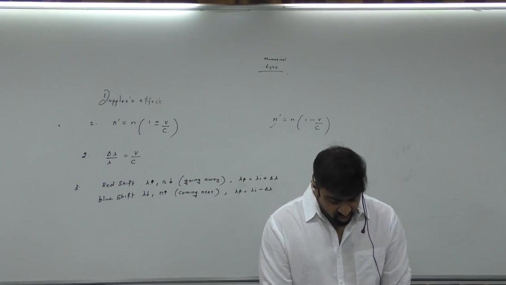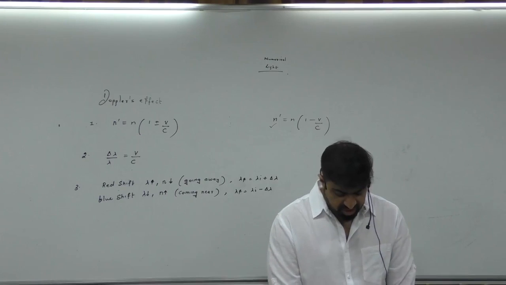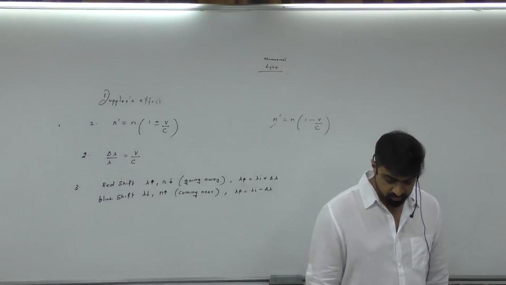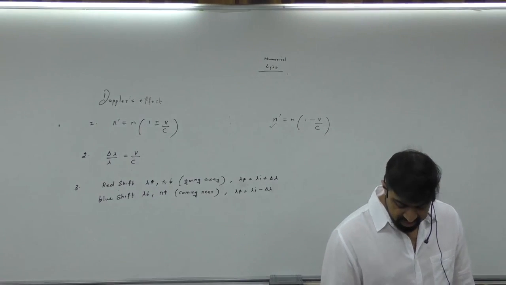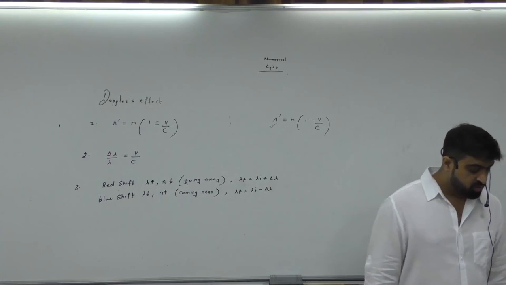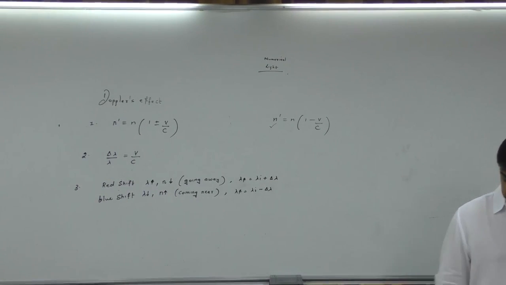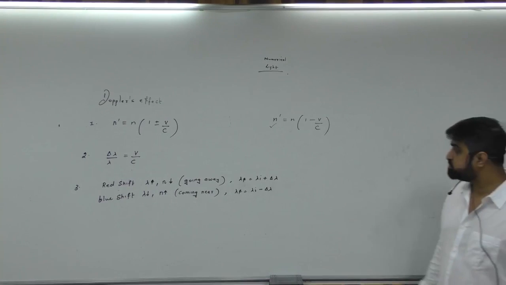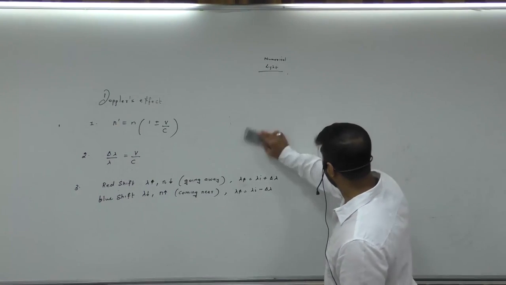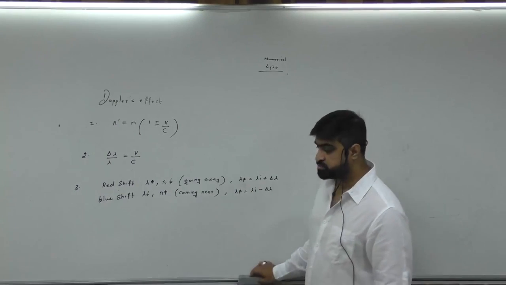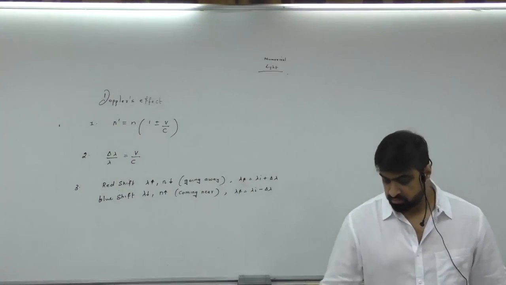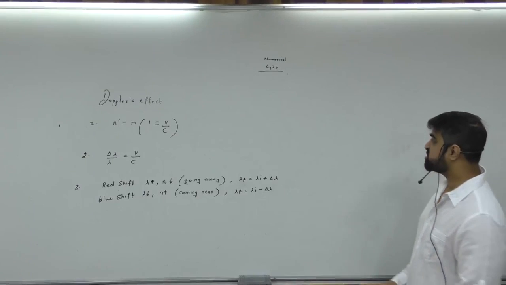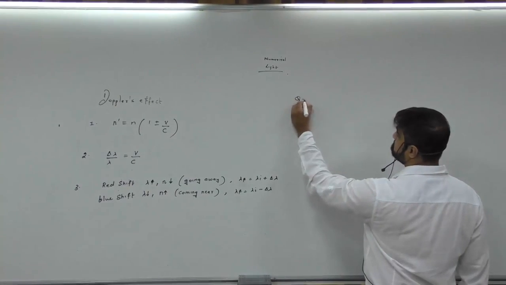The wavelength of the light emitted by its surface is 4320 Armstrong. I want to find the Doppler shift. The Doppler shift is how much?